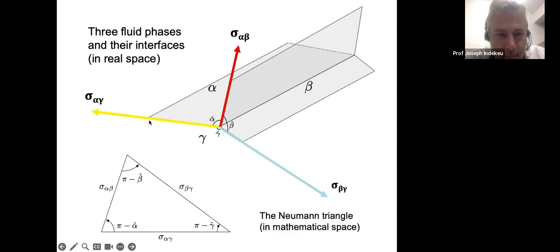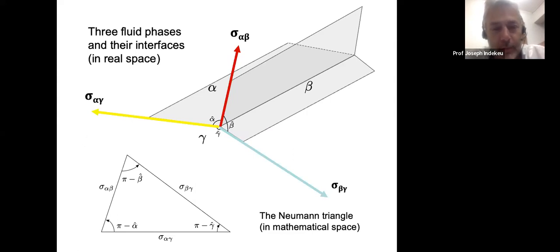Okay, and this one fits actually quite nicely here. And of course, its length or its magnitude is proportional to the interfacial tension. So we have now this force vector in this direction and this force vector in this direction. And of course, the remaining force vector here, we're going to put it here on this side. And so as we go around, we're adding up these three Newtonian forces. And if there is a triangle that is closed in this way, this means automatically that the sum of these vectors must be zero.